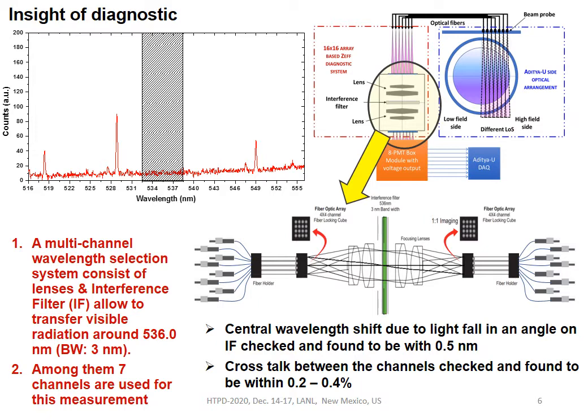All 16 channels are arranged in such a way that the central wavelength shift due to light falling at an angle does not change the peak by more than 0.5 nanometer. Crosstalk between channels, so that there is no mixing of channels, has also been calculated and observed, and it is within 0.2 to 0.4%.